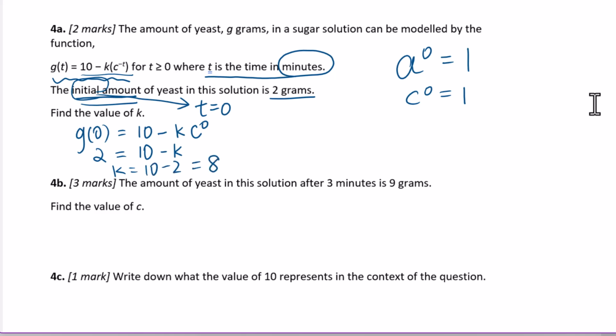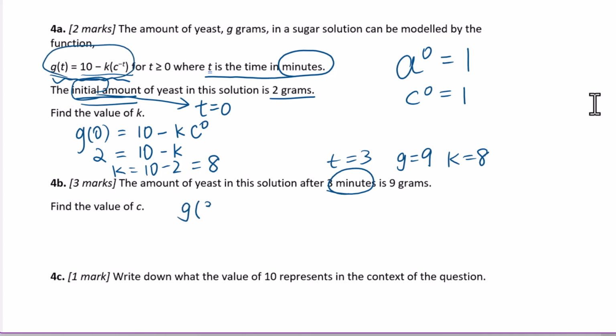For B, the amount of yeast in this solution after 3 minutes is 9 grams. So T equals 3, G equals 9. We already figured out K equals 8. We plug back into this equation.